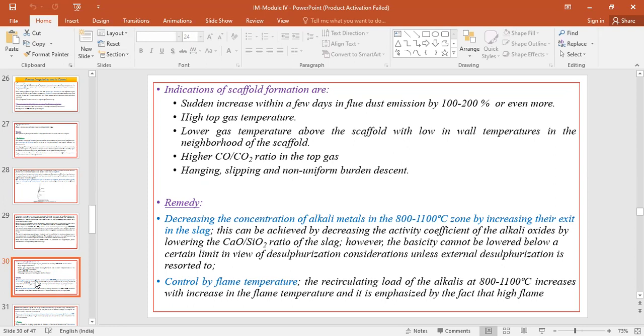If you have high porosity, the problem is that these vapors will go and sit in the refractory lining, and that may also lead to the formation of some low temperature phases, and in due course of time the refractory bricks will fail and break. So these refractory bricks should have very, very low porosity.